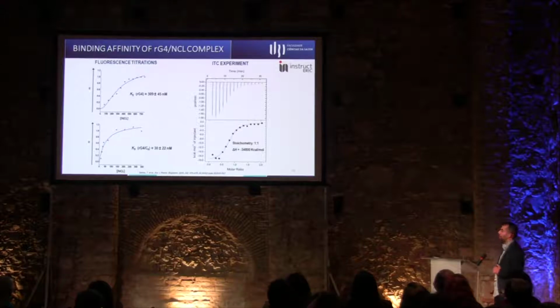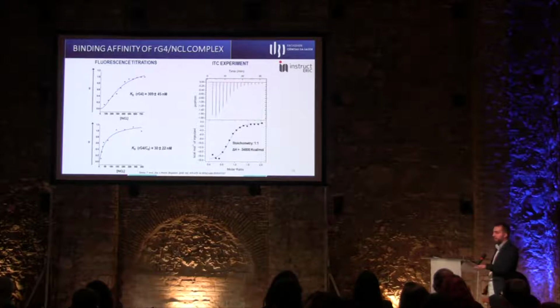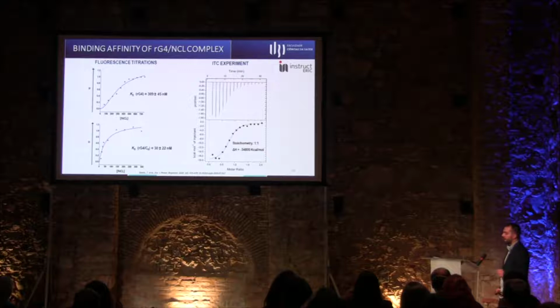The results reveal that in the presence of C8, the binding affinity is significantly better. We also evaluated the thermodynamic parameters, and the KD was in the micromolar range. A stoichiometry of 1 to 1 was achieved, and an enthalpy value of less than 34,800 kcal per mole was obtained. Altogether, these two techniques proved that the G-plex binds to nucleolin with high affinity.